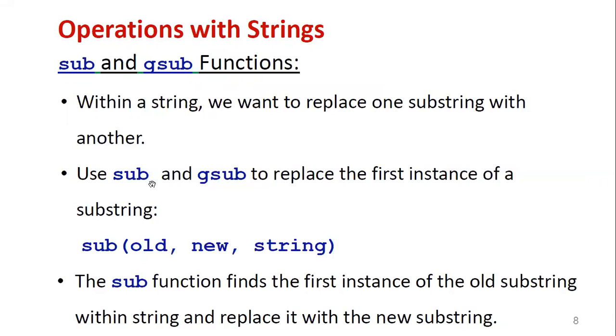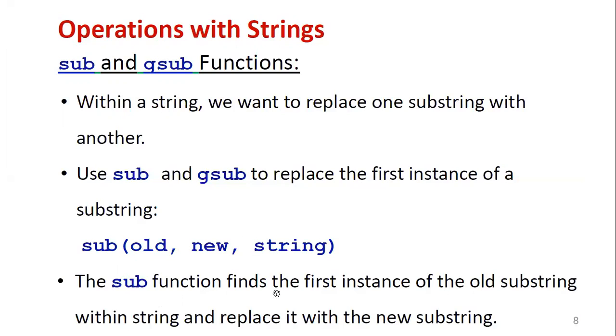We use sub and gsub to replace the first instance of a substring. So the syntax is sub within parentheses: old, comma, new, comma, string. The old string is replaced with the new string from the given string.